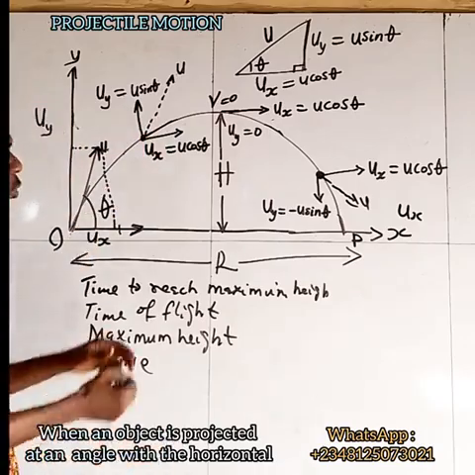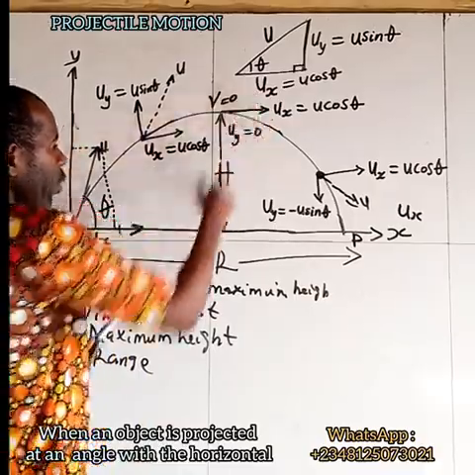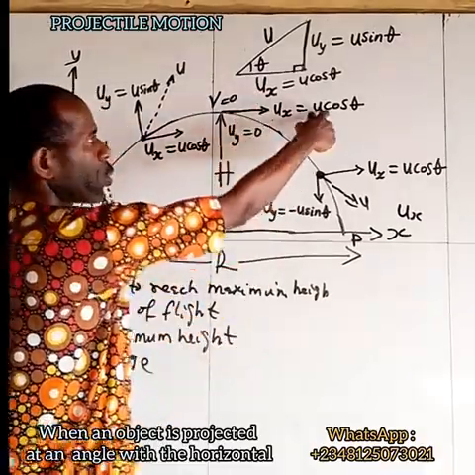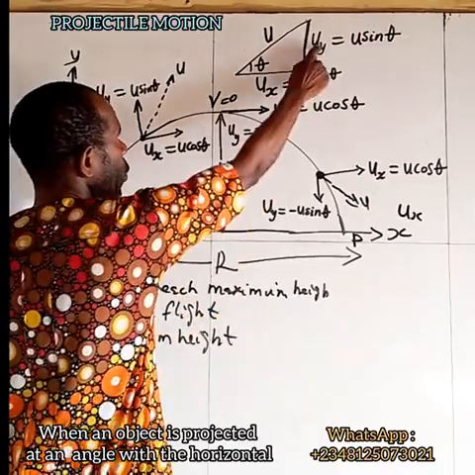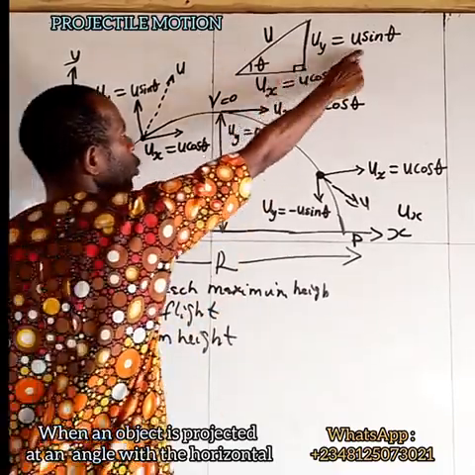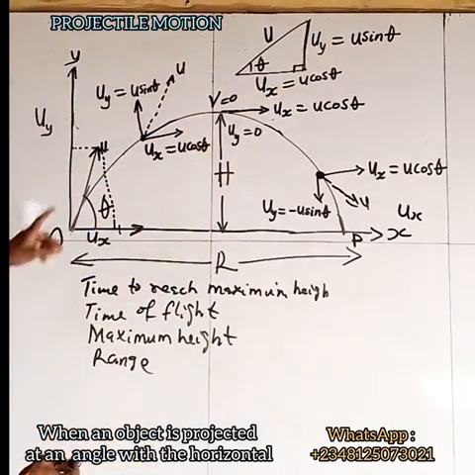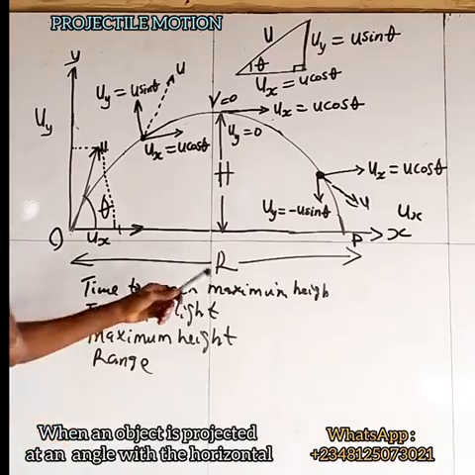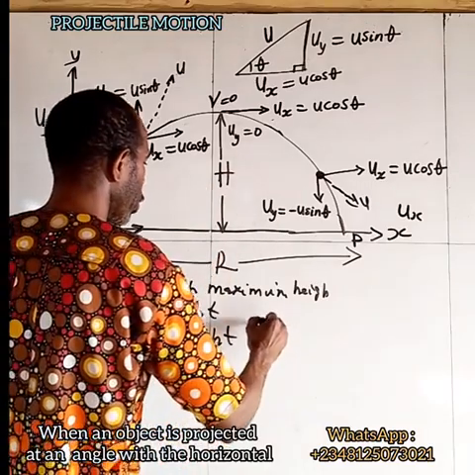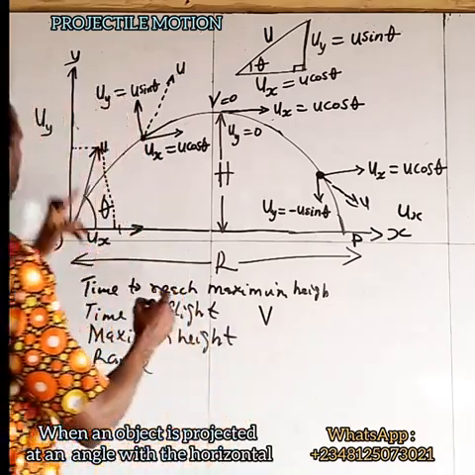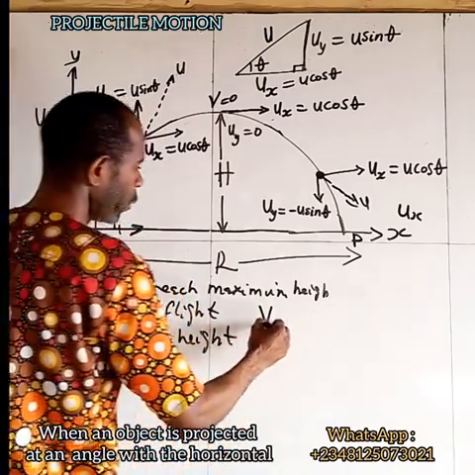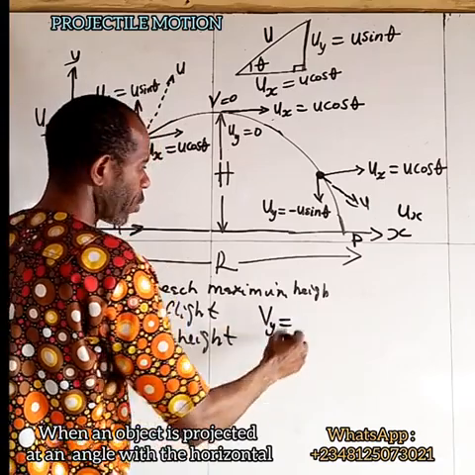And remember, I told you that the horizontal component of u, which is ux, equals u cos theta, and that of the vertical component of u is what? U sin theta. Now, looking at this vertical motion, let us consider the time to reach the maximum height. Remember, our equation of motion, now we want to consider the vertical motion, will become Vy equal to what?